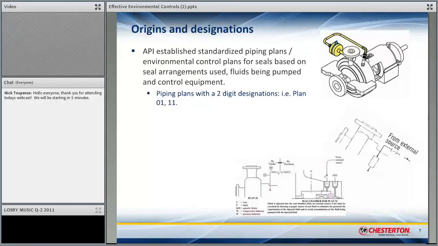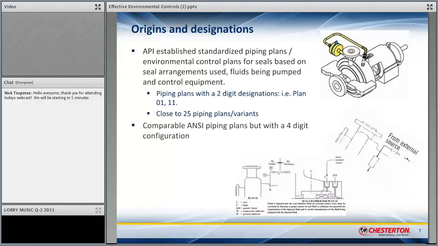Generally, the piping plans are assigned a two-digit designation, for example, Plan 01 or Plan 11. There are actually close to 25 piping plans that are published, including some variants. ANSI also has a comparable set of piping plans, but they're with a 4-digit configuration. But like the API, they also use the 01 or 11, but they put a 73 in front of it. So it's 7301 or 7311.